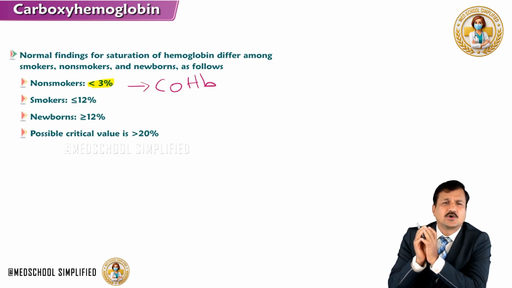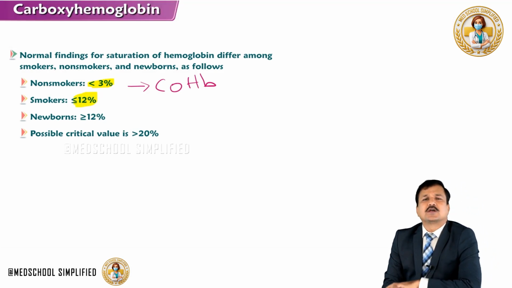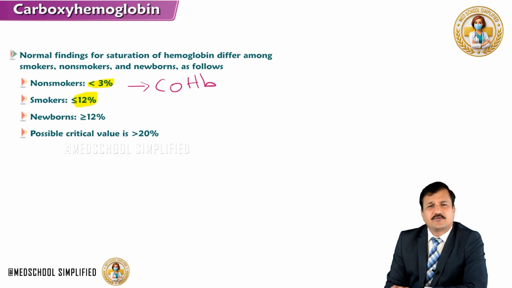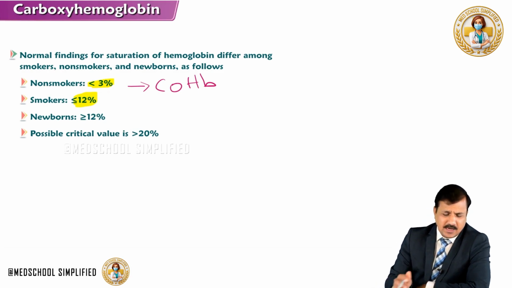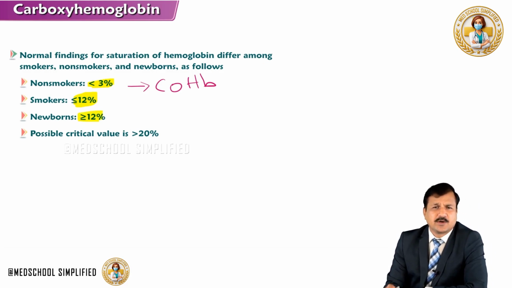Smokers will show less than or equal to 12% carboxyhemoglobin, because cigarette smoke is one of the sources of carbon monoxide. And newborns will show a little more than or equal to 12% carboxyhemoglobin.